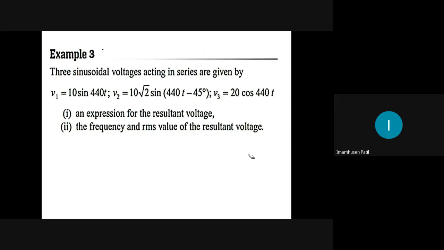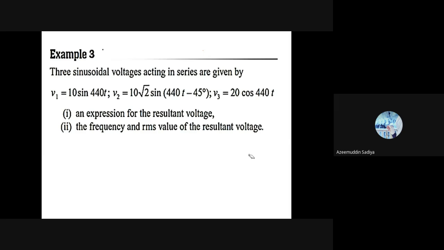Roll number 8. Yes, sir. How to start with this problem? What do we have to do here? We have to draw the phasor. First step, what do we have to do here? First, we have to draw V1. See, whether all the voltages are in standard format.